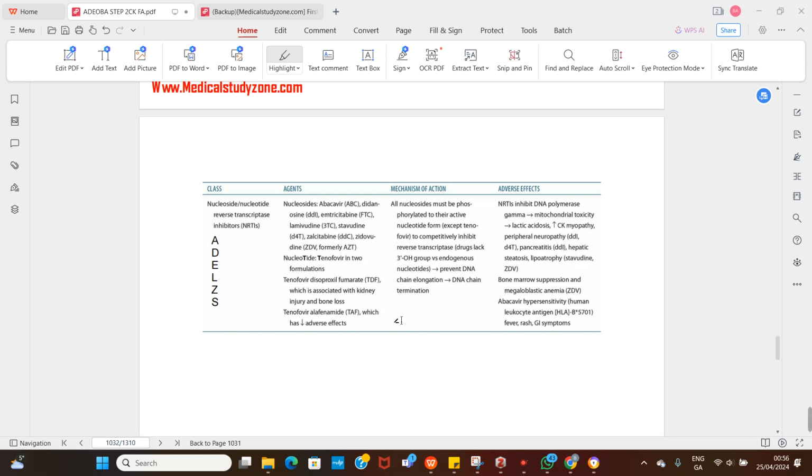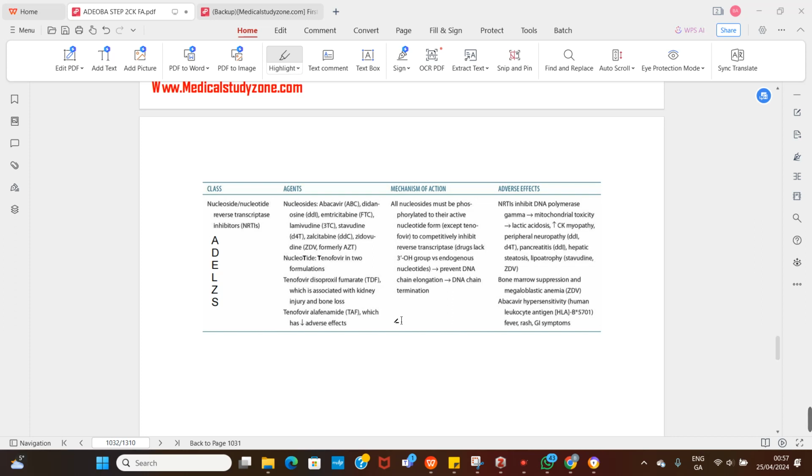Tenofovir disoproxil fumarate is quite different from alafenamide, because disoproxil fumarate has a very high risk of causing kidney injury and bone loss. Please, you have to remember that every time, because of the bone issue and the renal complications. So that's the advantage of alafenamide over disoproxil fumarate.